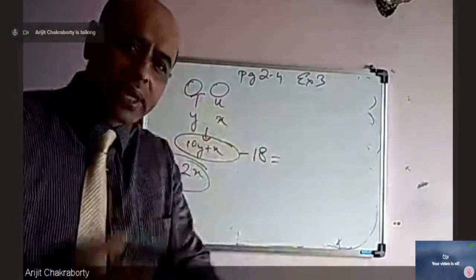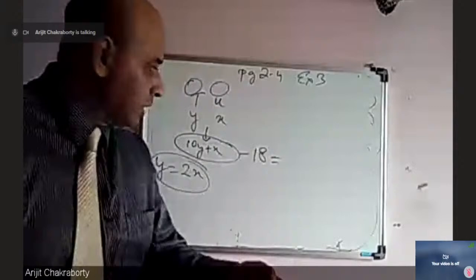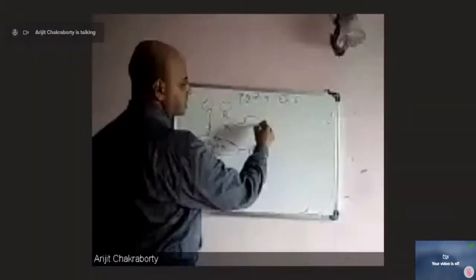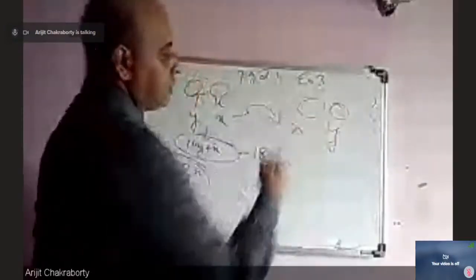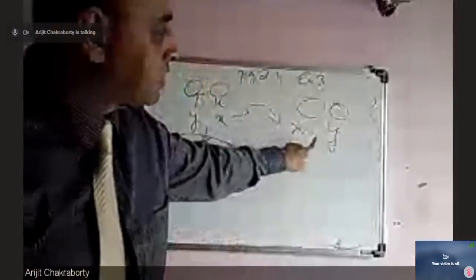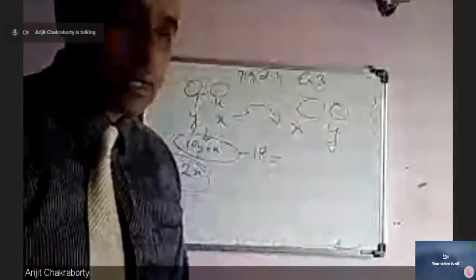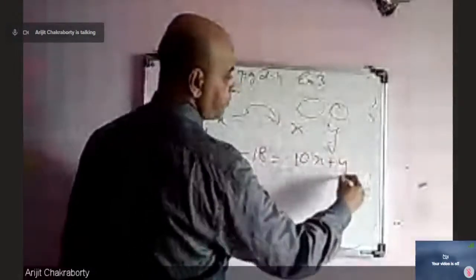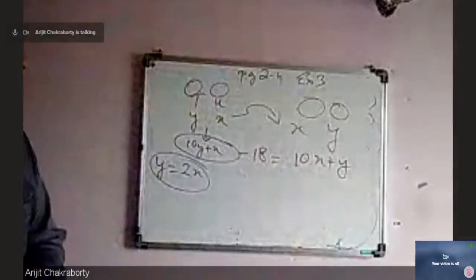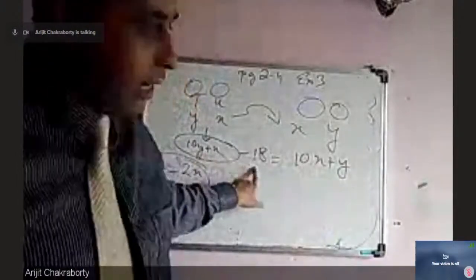The digits will get reversed. x will come to the tens place and y will go to the units place. That means the new number will be 10x plus y. So 10y plus x, with 18 subtracted, gives 10x plus y.